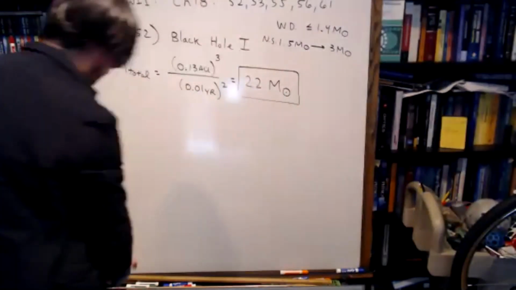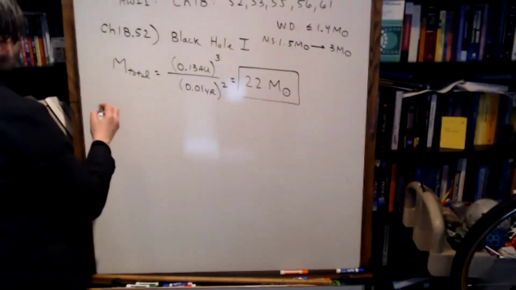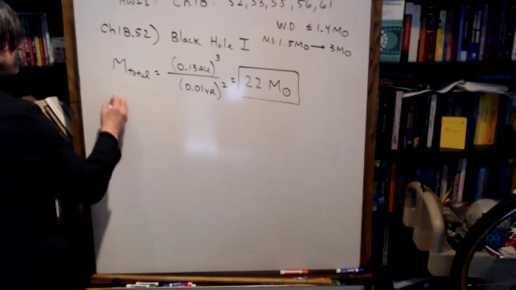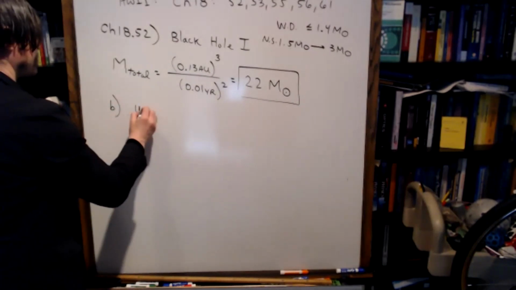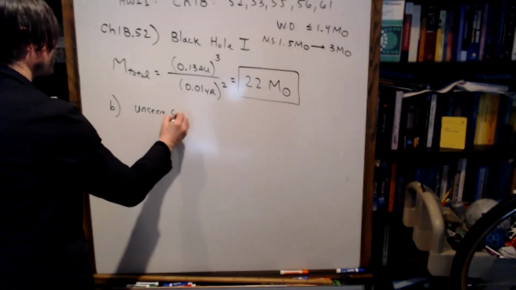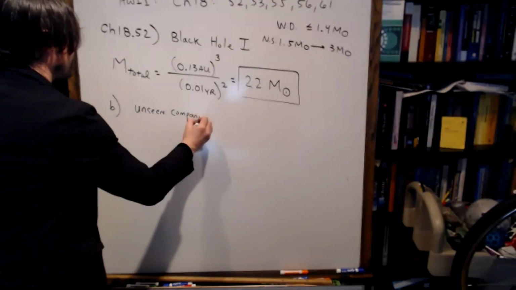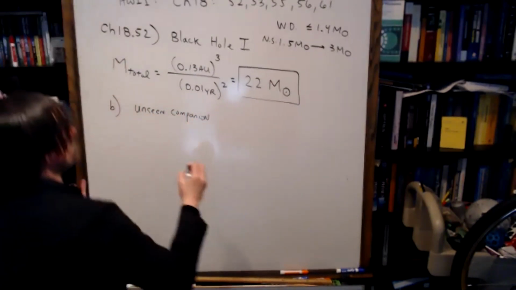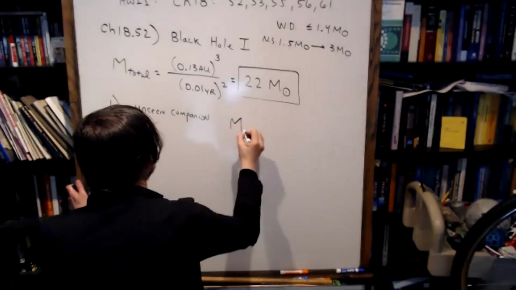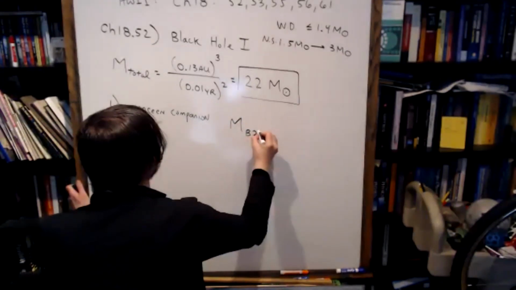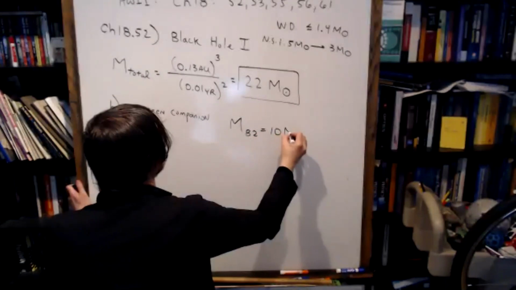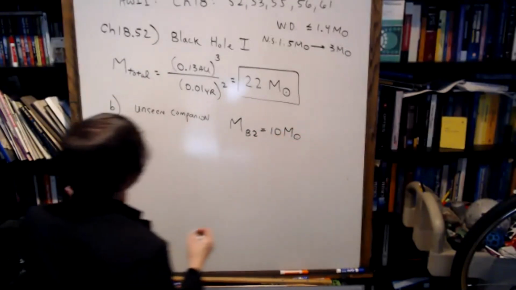All right, part B. Determine the mass of the unseen companion. Is it a neutron star or a black hole? Explain. Hint, a B2 main sequence star has a mass of about 10 solar masses. All right, that seems pretty easy enough, right? What do I do?